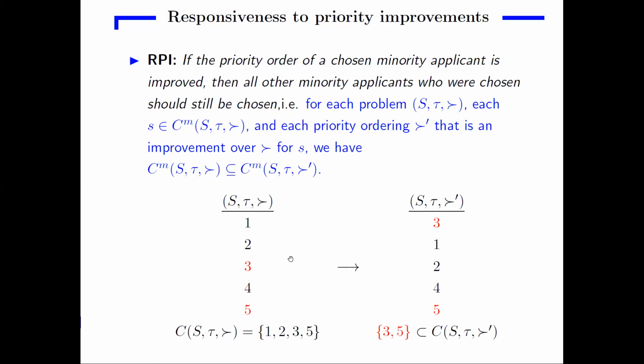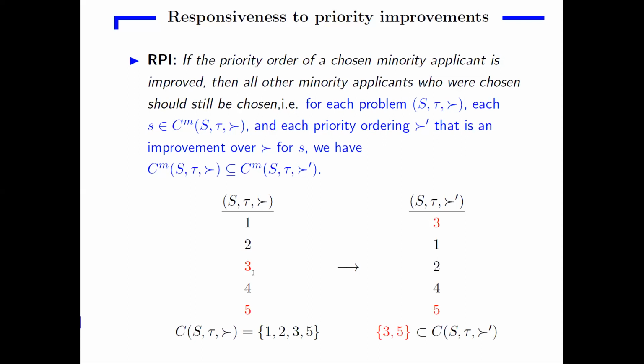Now imagine that we are in another world, another state in which this minority student 3 turns out to have the best exam score. Everything else is as it is. The ranking of 3 moved from the third position to the first position. Then responsiveness requires that we should continue to choose 3 and 5.